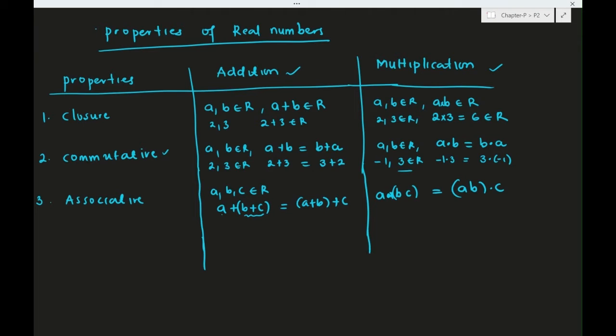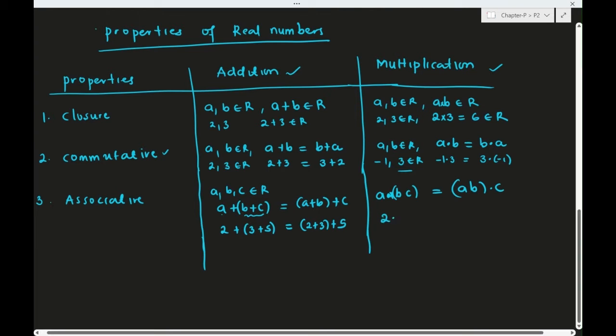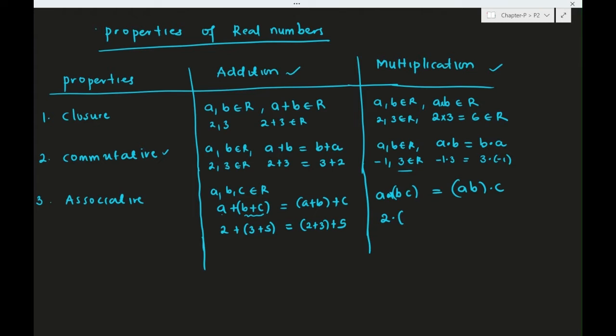Here there's no particular example, but it's easy to see. For example, if you take 2 plus 3 plus maybe 5, we're taking all positive here, it is the same thing as 2 plus 3, all plus 5. The same thing. If you take 2, you multiply 3 times 5 first, this is nothing but the same thing as 2 times 3 times 5.